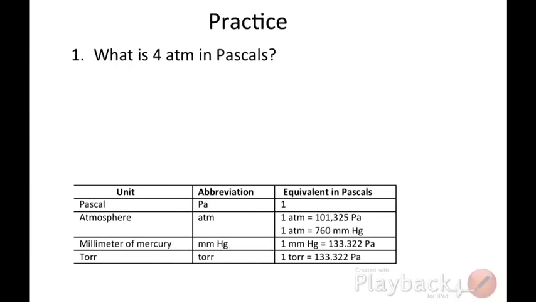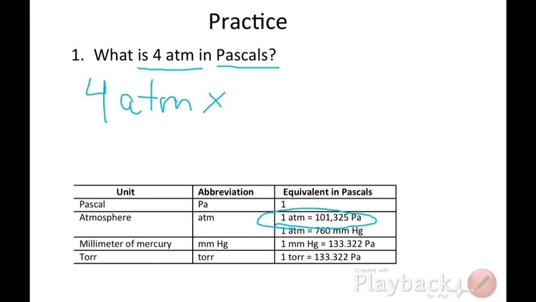So we're going to do another one right here. This is the same idea. So this is our given for atmospheres, and we want our answer in pascals. So we're going to need our conversion factor that has both of those units. There it is. So we write down our given for atmospheres. We multiply.